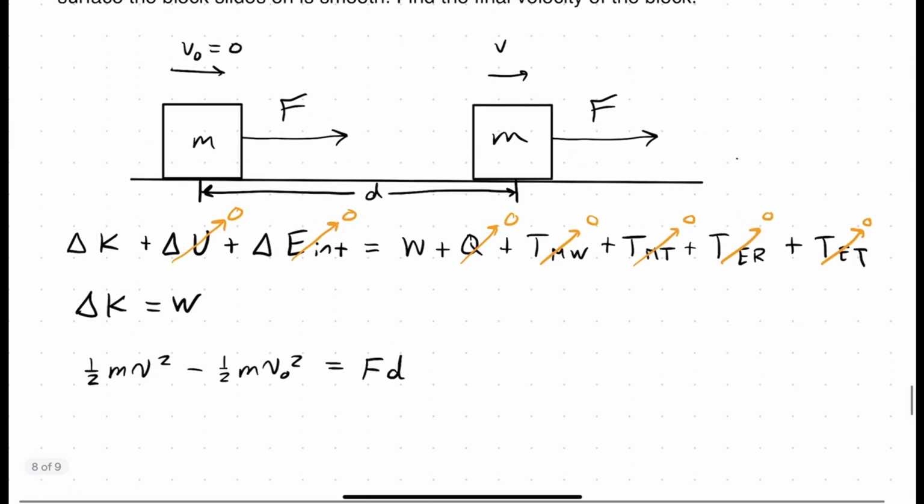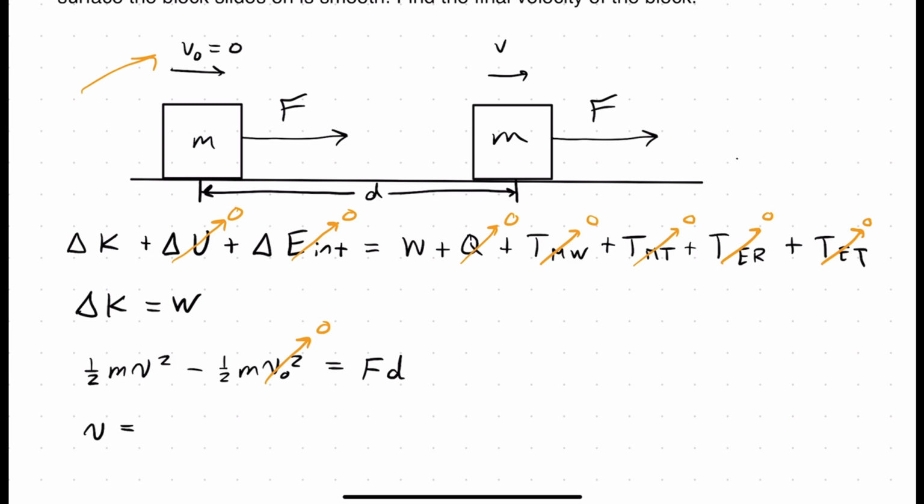Well, we know that our initial velocity is 0, so we can cancel this term out. And now all we have is v and a bunch of known values. So we can solve for v.